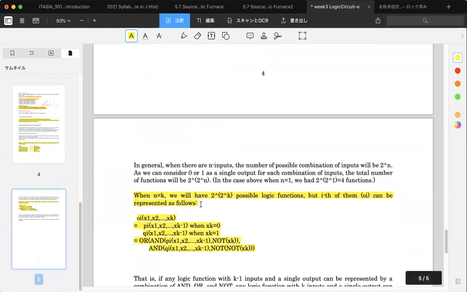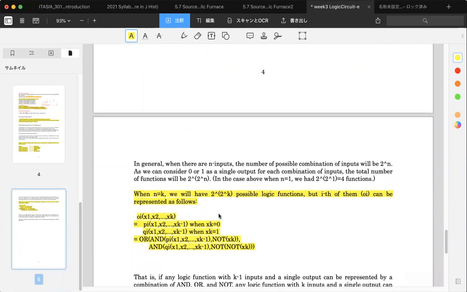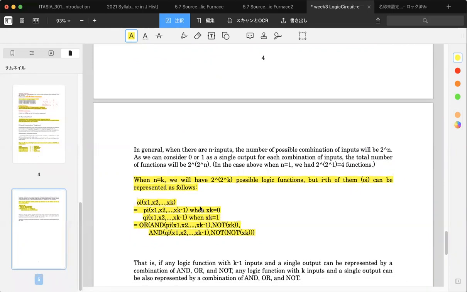And when n equals k, that means when we have k inputs, we will have many different possible logic functions because we have two different truth values possible for each input, x1, x2, to xk, right? So in that case, by calculation, I don't know how they calculated that, but in the end, we can have 2 to the power of 2 to the power of k possible logic functions.